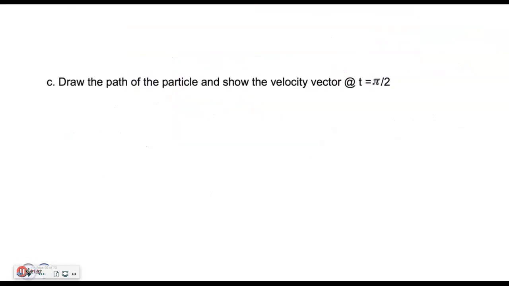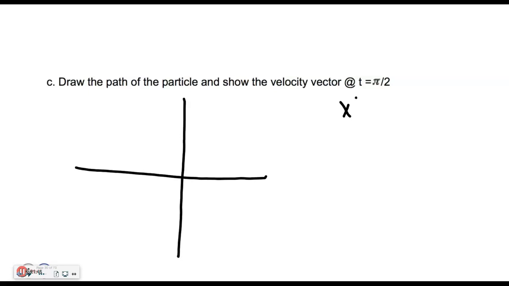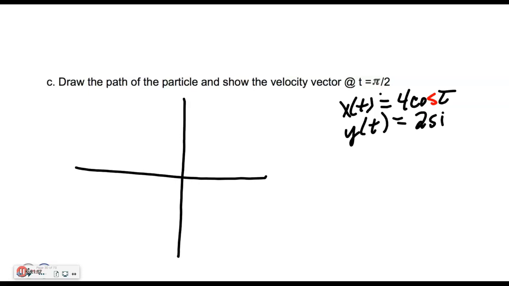So on our next page, we're going to draw the path of that particle. Okay. So let's write it down again. Our position was 4 cosine t for x, and our position for y was 2 sine t, right? Yeah.